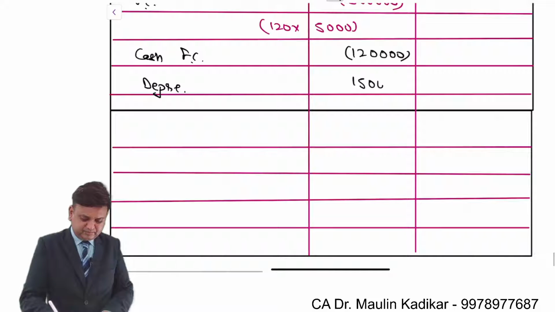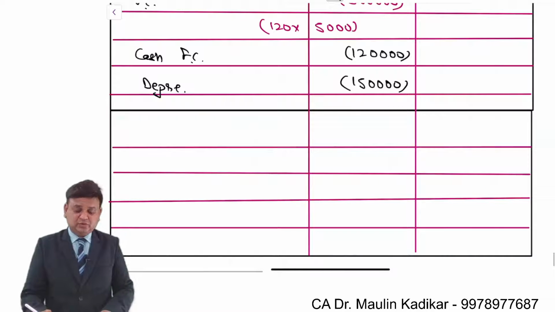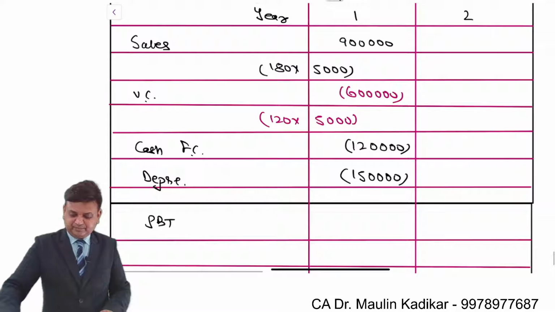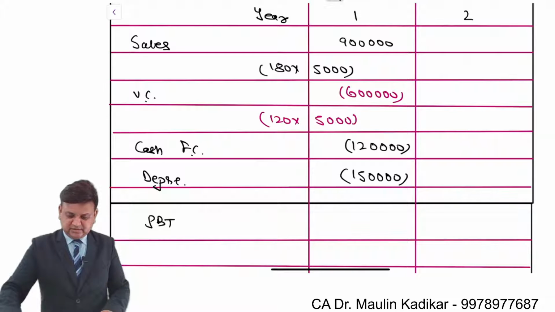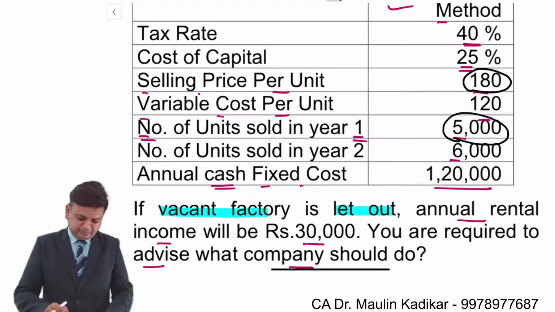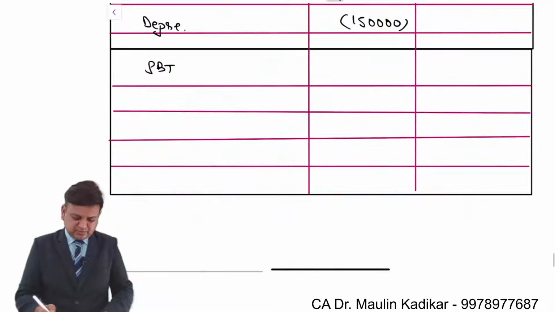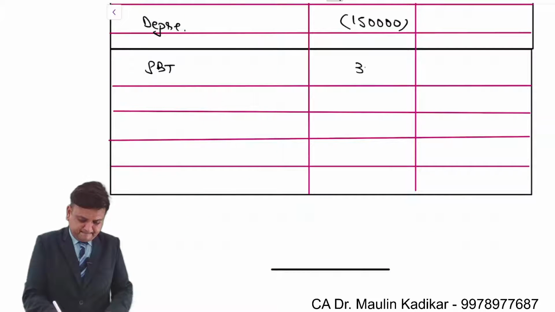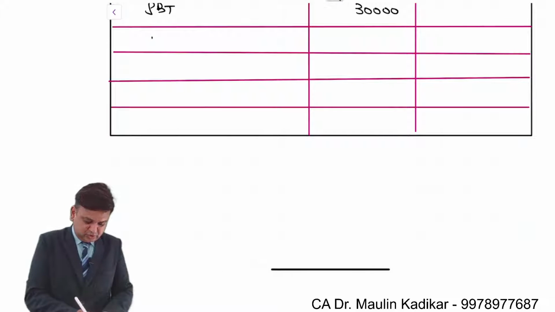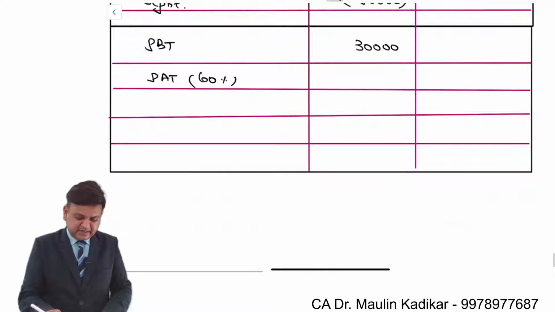Depreciation 1,50,000. Profit before tax: 9 lakh minus 6 lakhs minus 120 minus 150. So the amount comes to 30,000 profit before taxes. Income tax rate is 40%. So profit after taxes is 60%. That comes to an amount of 18,000.